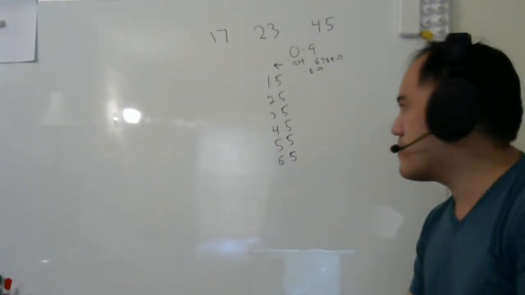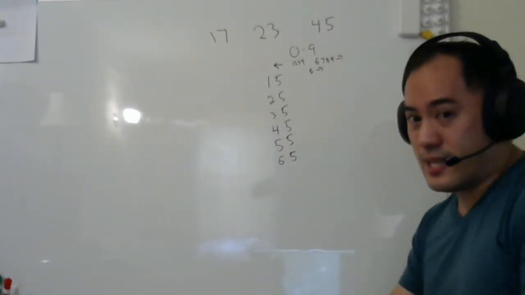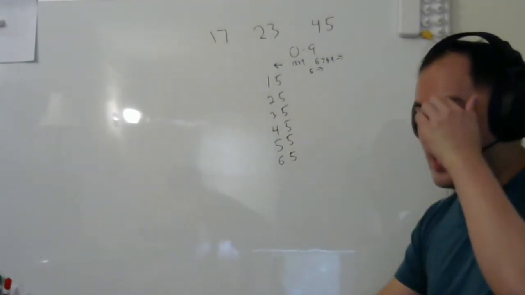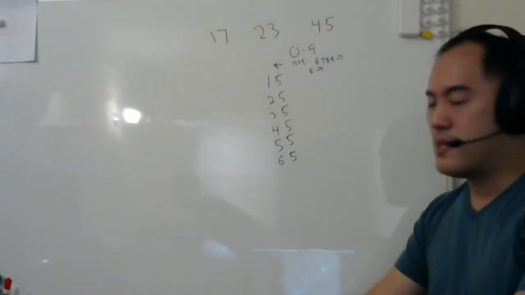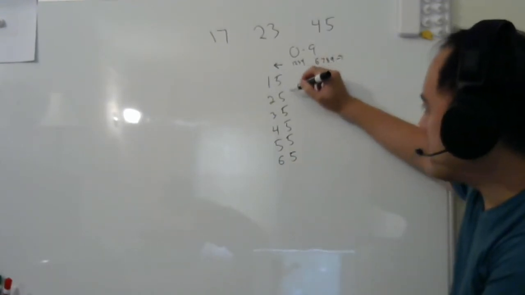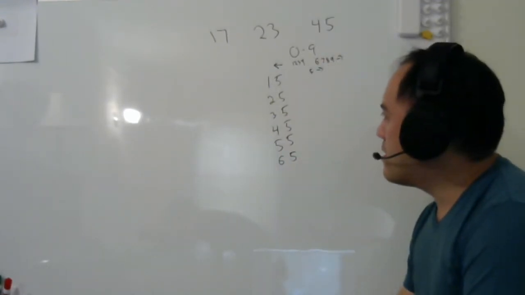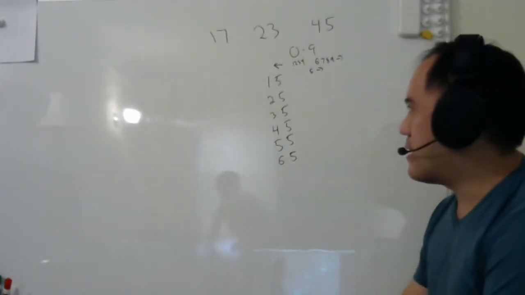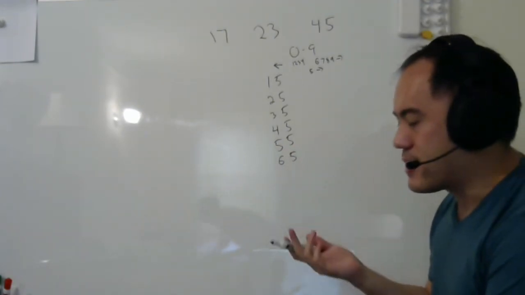So in physics labs and science labs, there is actually a way to round that's not just always round 5s up. You always round 5s to the nearest even number. Obviously 5s are not even, so that doesn't make any sense.